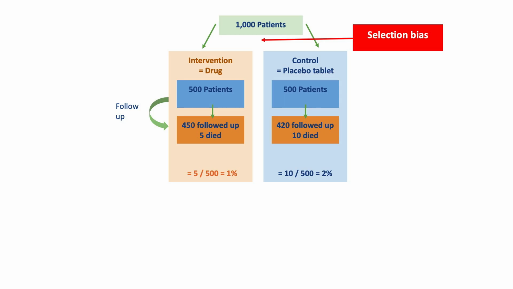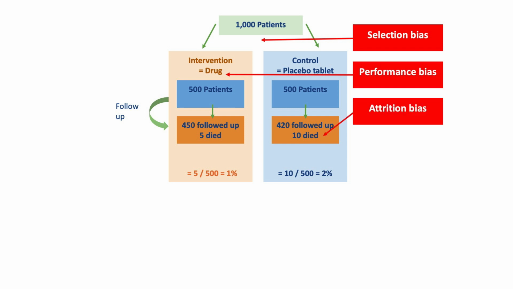A second type of bias to look for would be performance bias. That's when something else happens to the intervention group. Maybe they had an additional support from a nurse or something like that, and that could be the ingredient that underpinned the effectiveness of the drug rather than the drug itself. So you're looking at something called performance bias. If there's a significant amount of loss to follow-up in the intervention group, there could be some sort of harm from the intervention.